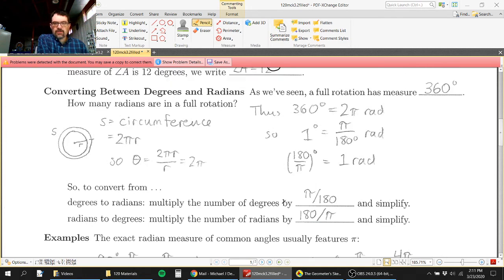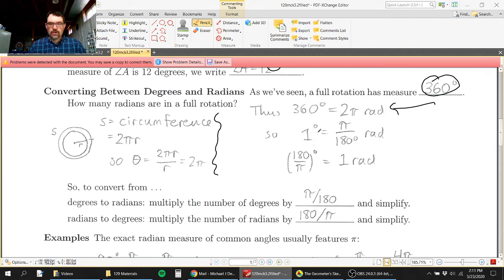And that allows us to come up with conversions between things. So full rotation has 360 degrees, like we said. And this stuff over here is basically what we were just talking about on that little demo. So there's 2 pi radians all the way around. So in other words, 360 degrees and 2 pi radians are the same thing.